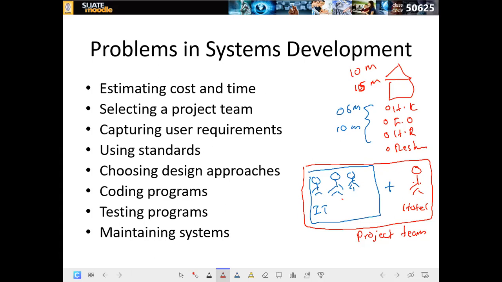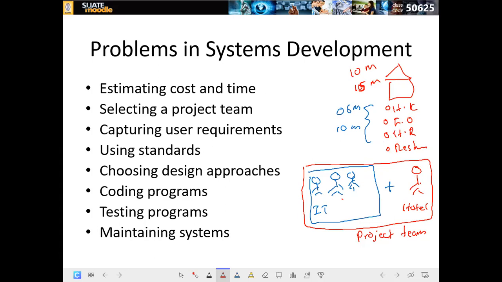He knows only that IT stands for information technology. Or the hotel appoints a person who is very new to the organization and doesn't know the operations of each and every department thoroughly.